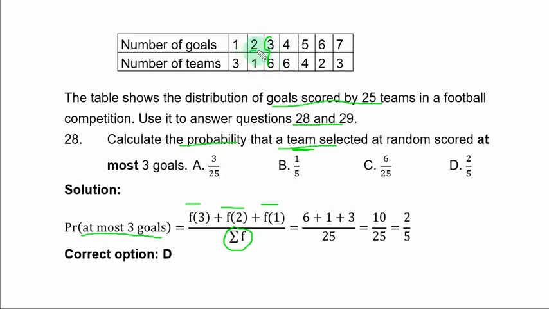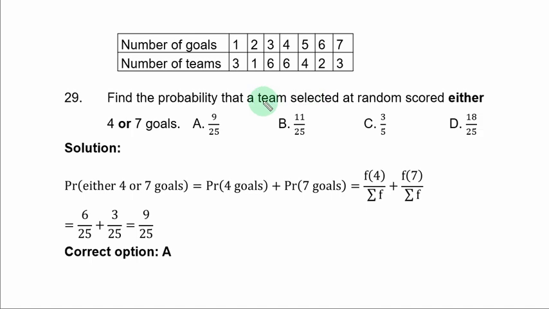Those that scored 2 goals, 1. Those that scored 1 goal is 3. So you have 6 plus 1 plus 3 over 25 total teams. If you add, you have 10 over 25. When you divide by 5, you have 2 over 5. D is the correct option.